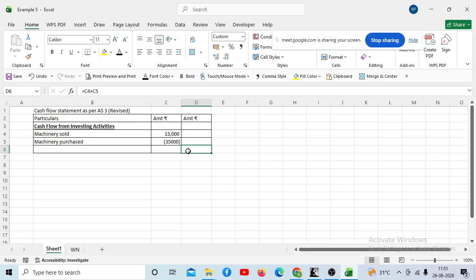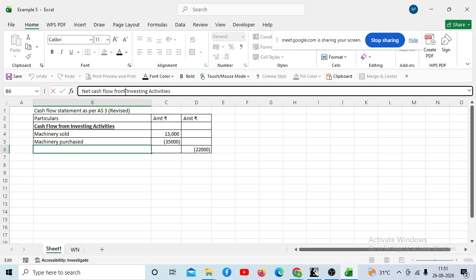It is 14,000. 13 minus 35. Oh, sorry, it is minus 22,000. So since it is minus 22,000, we have to write here net cash used in investing activity. In investing, normally we get minus. Why?